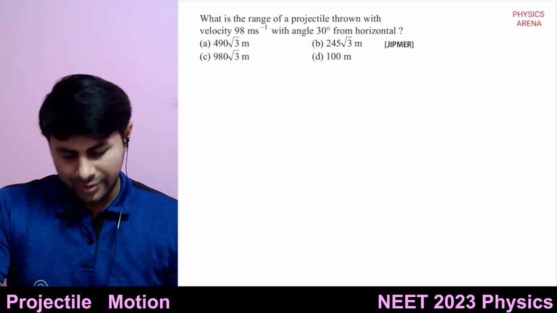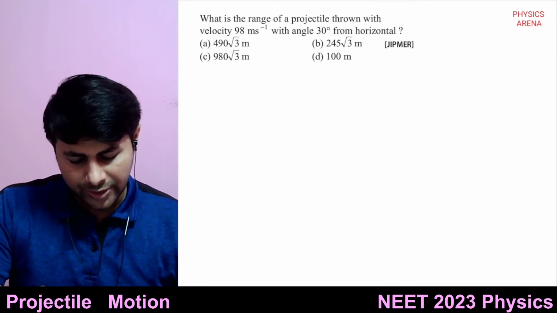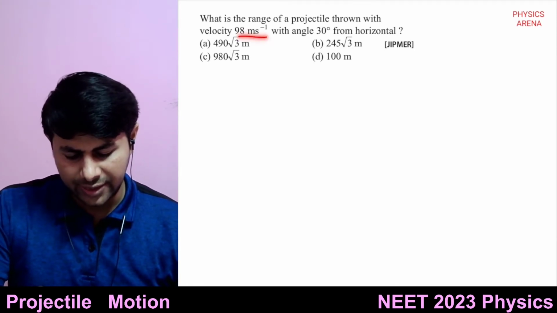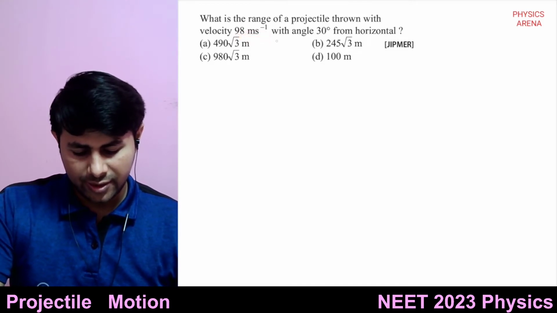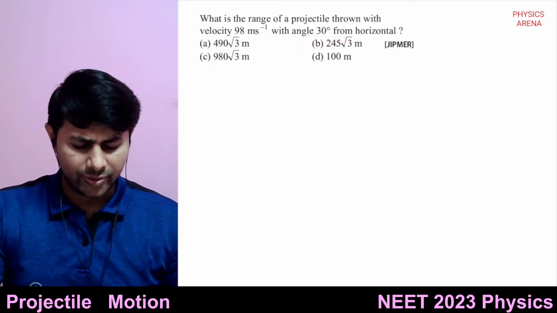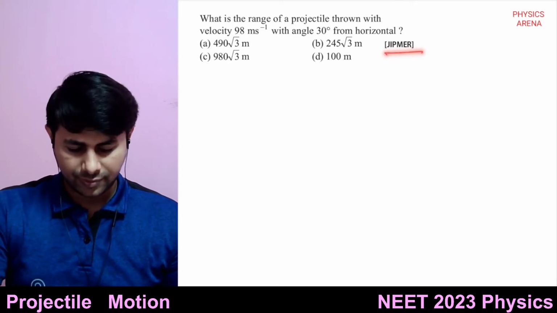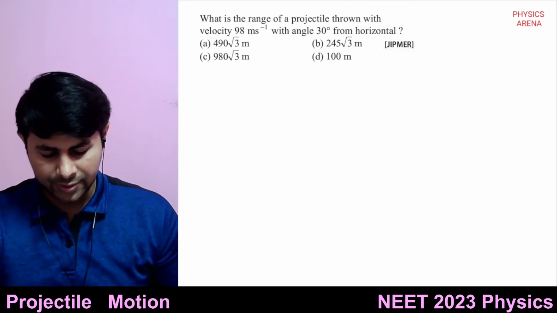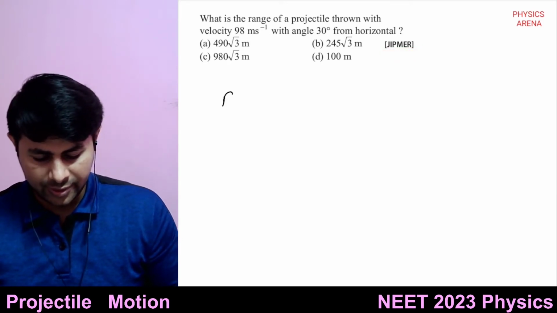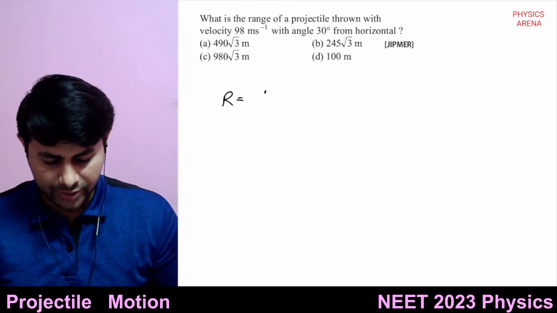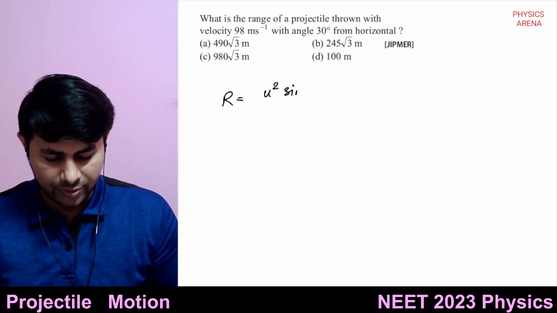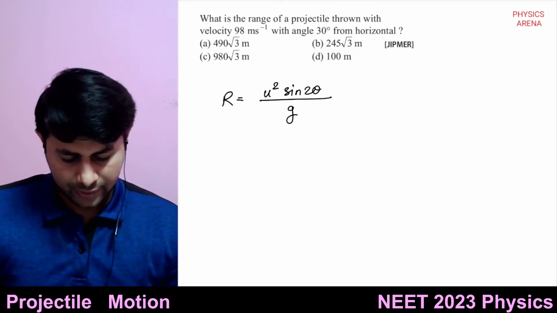Next one. What is the range of projectile thrown with velocity 98 meters per second with angle of 30 degree from horizontal? This is very simple, right? The formula for range is u square sine 2 theta divided by g.